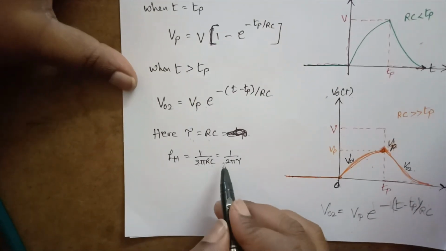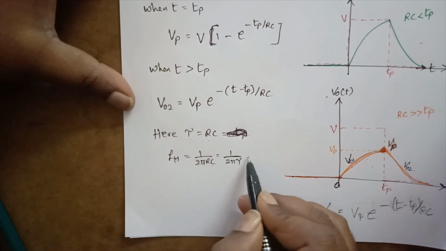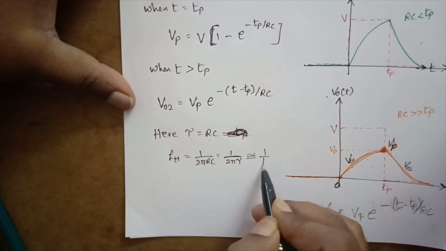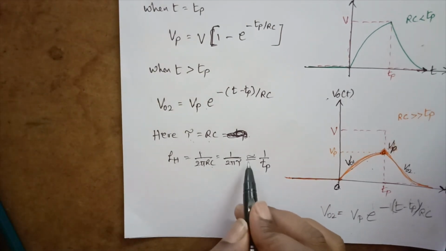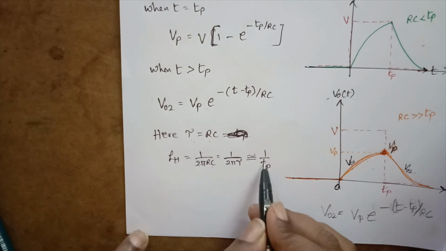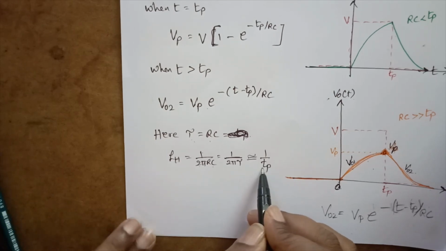If we consider this, it is approximately equal to 1 by Tp, that is, 2 pi tau is approximately equal to the pulse width. Then what will be the expression?